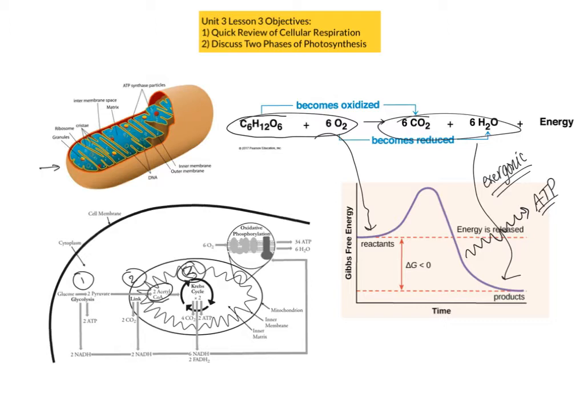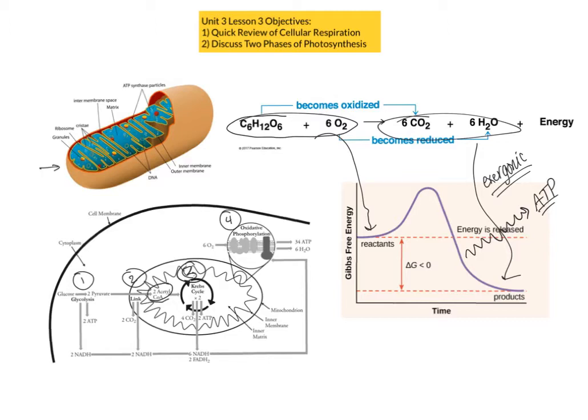And then at the very end, on the inner membrane, we have a process called oxidative phosphorylation, which has 2 parts. We've got the electron transport chain and ATP synthesis by chemiosmosis that we'll talk about in a moment. So those are the major components of cell respiration.